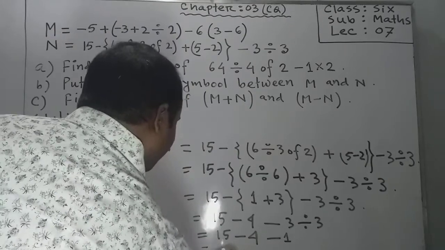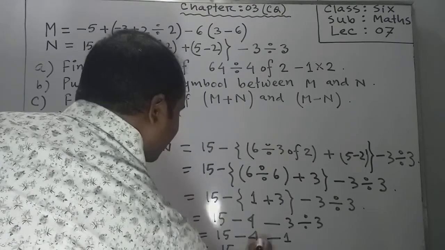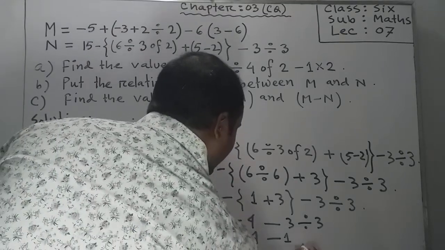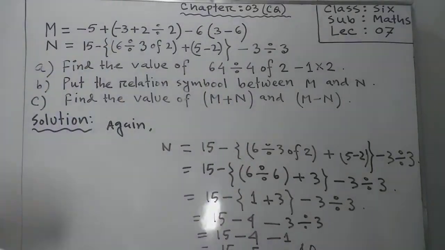So 15 minus 4 and minus 1 is minus 5, so 15 minus 5 equals 10.